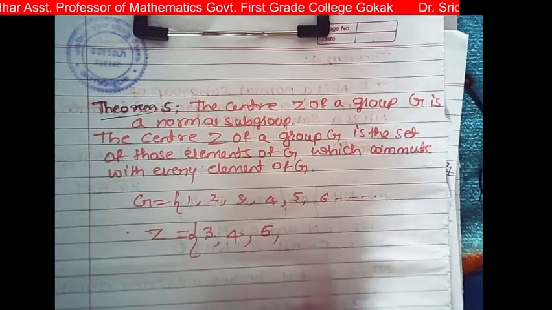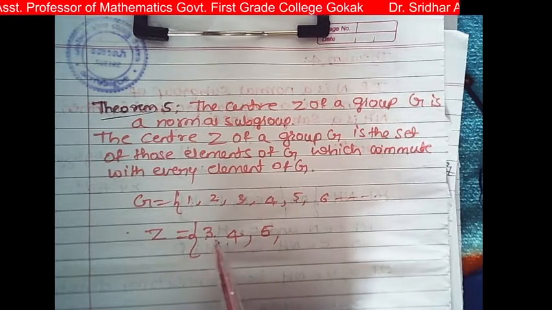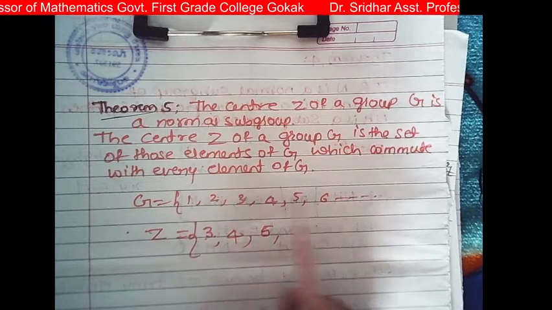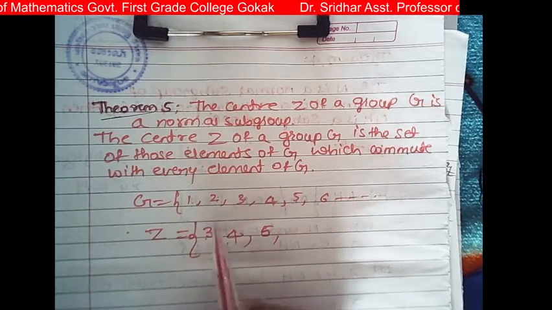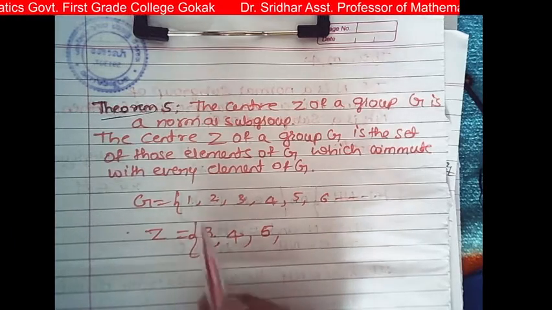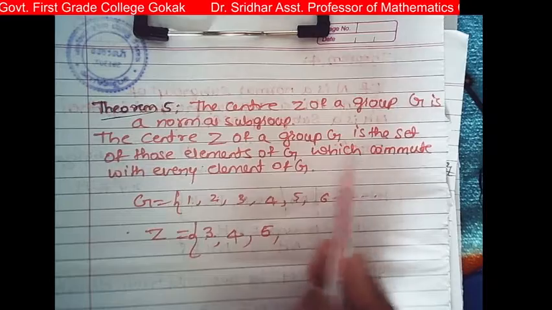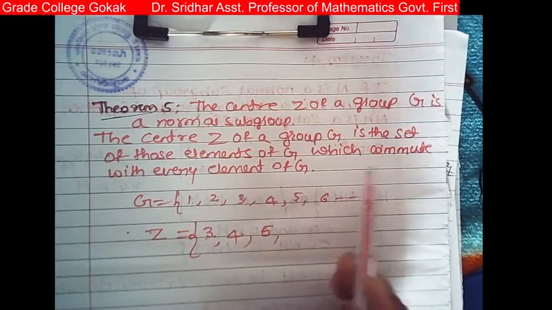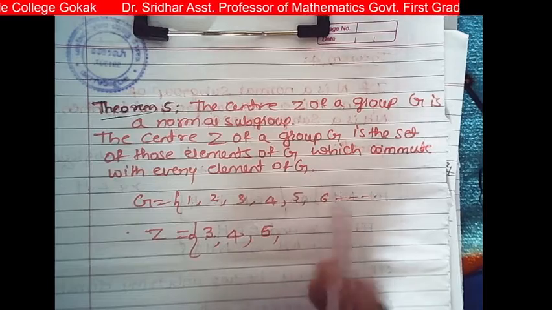Therefore 3 comes under this set. So like that, if you take any elements which commute with each and every element of G, they form a set of those elements. Okay, so Z, the center of group G, means the set of those elements of G which commute with every element of G.